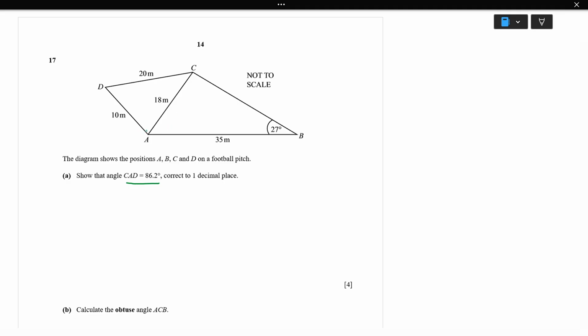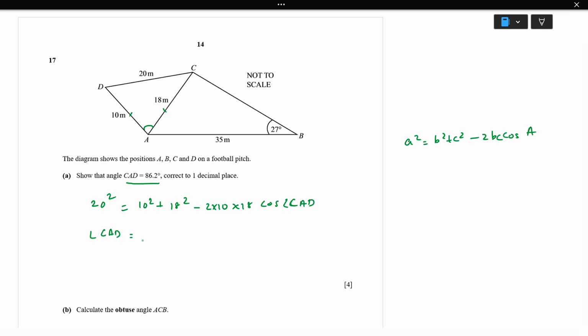Because two sides are given, we can use the cosine rule: 20 squared equals the adjacent sides, 10 squared plus 18 squared minus 2 times 10 times 18 into cos of angle CAD.